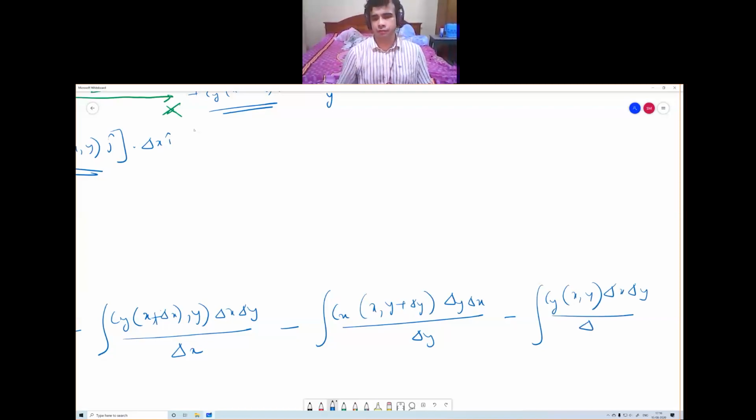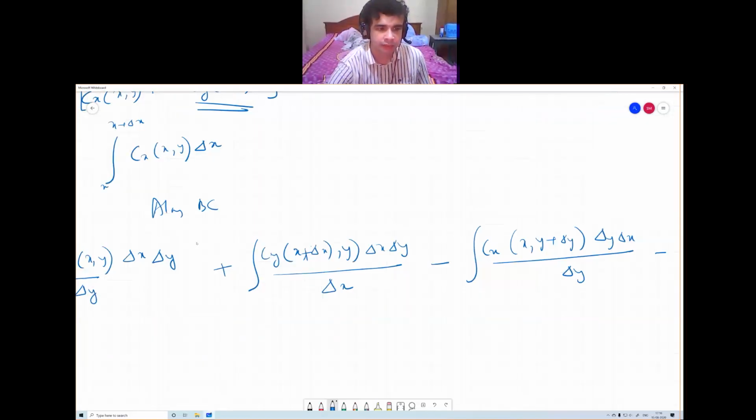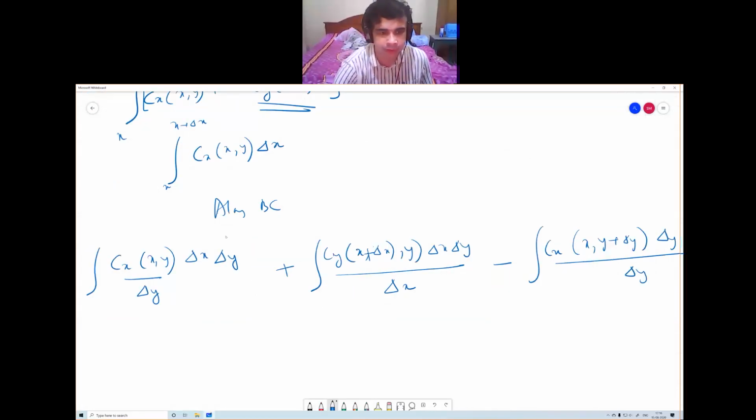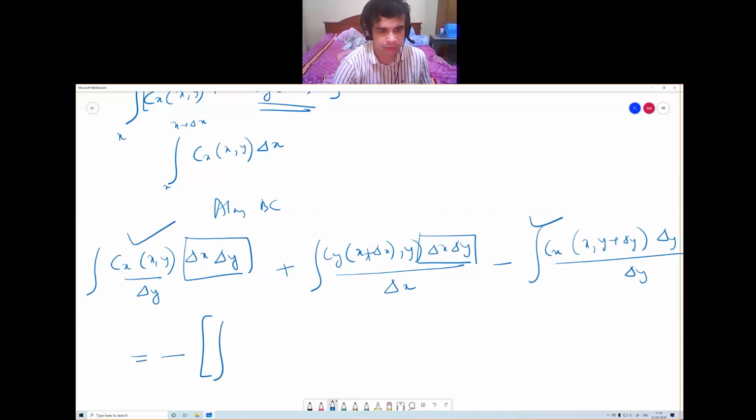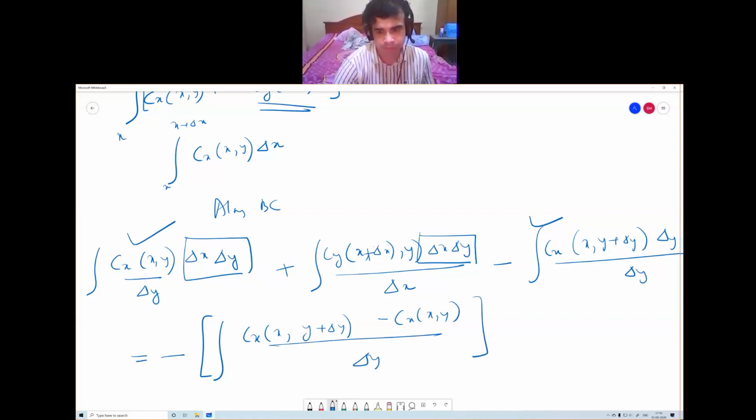We are simply adding the four terms and multiplying and dividing so that this part is common for all. Now see, from here and here, if you put the minus first, then we get Cx x y plus delta y minus Cx x y by delta y.